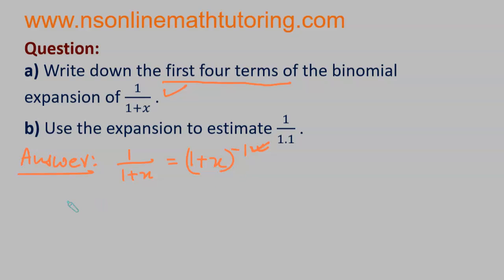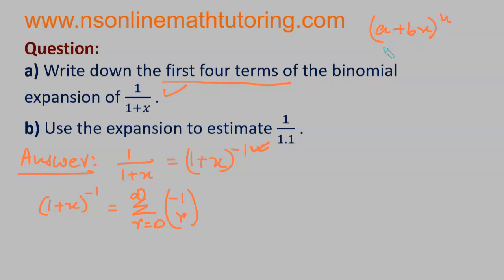So, we start with 1 plus x raised to the power of negative 1 is equal to sigma r equal to 0 to infinity nCr, that is negative 1 Cr, and it was a plus b x raised to the power of n.